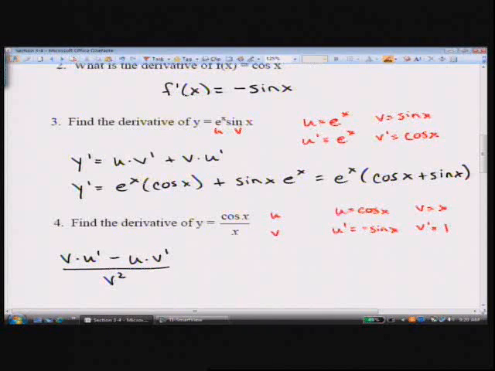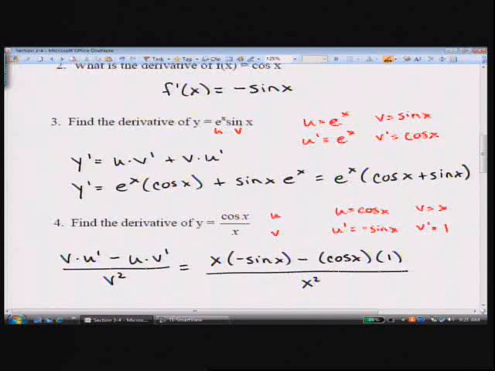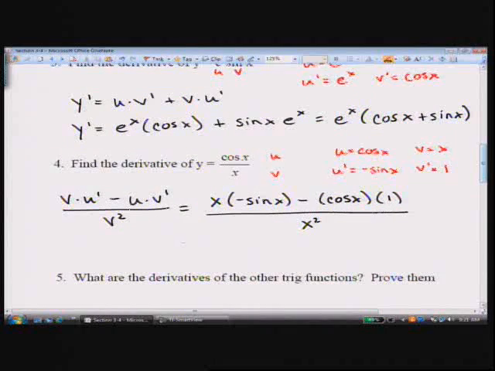So v is x, u prime is negative sine x, minus u, which is cosine x, times v prime, which is 1, all over v squared, which is x squared. Everybody okay? Everybody good? And so then this becomes negative x sine x minus cosine x.